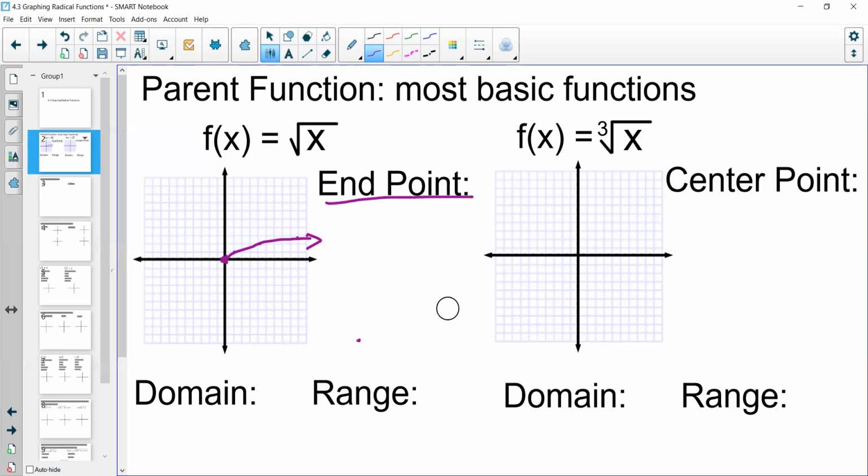Now, this endpoint only occurs on even numbered radical functions, and the reason why is it shows us where it stops. With the square root function, the endpoint is this point on the end here where we don't draw an arrow. That's where we started when we did that 0, 0. So in this case, our endpoint is 0, 0. Notice how our function stops there, and it does not continue on past that. That's what makes it an endpoint. And that endpoint is going to vary depending on what our function does and what it looks like.